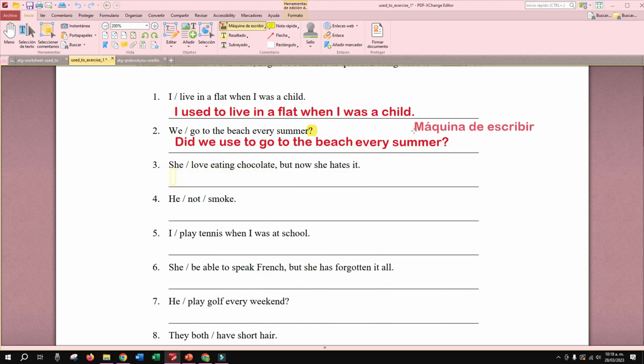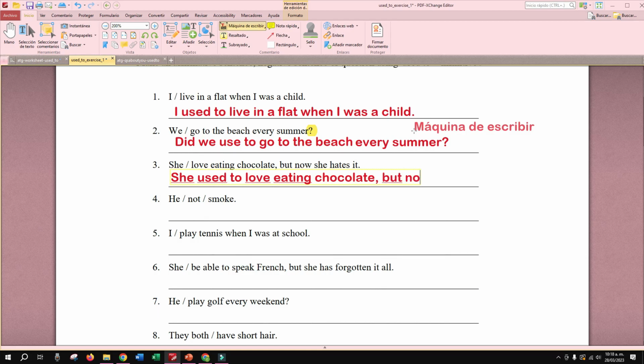Number 3, she loved eating chocolate, but now she hates it. Which could be she used to love eating chocolate, but now she hates it.